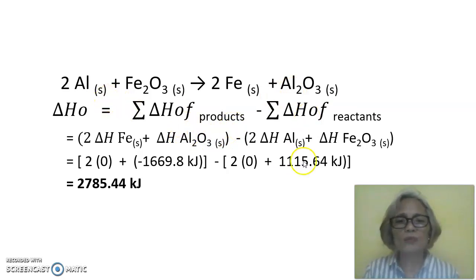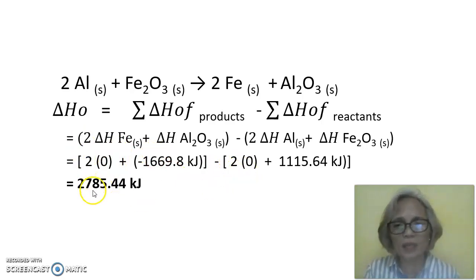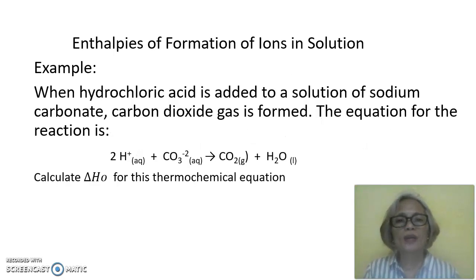The reactants are aluminum and ferric oxide. We get these values from the table. Since iron is an element, it's 0. Then simple algebra. You have delta H to be negative 2785.44 kilojoules.